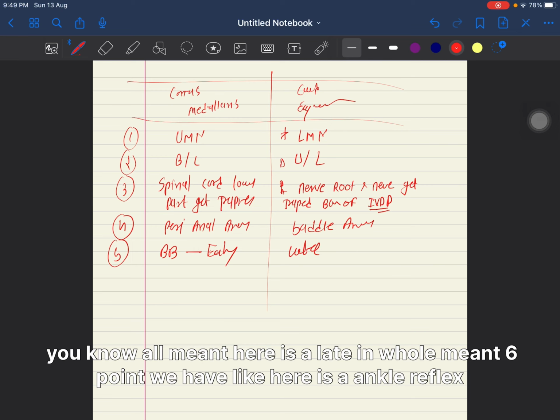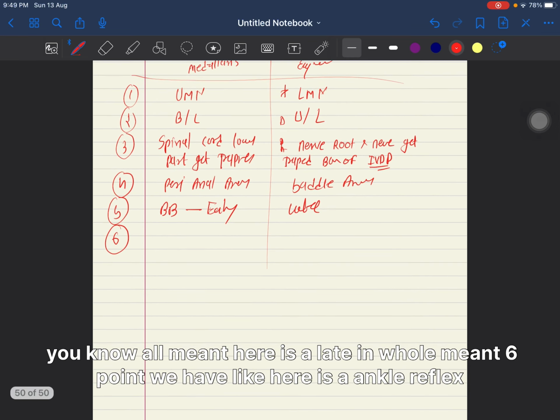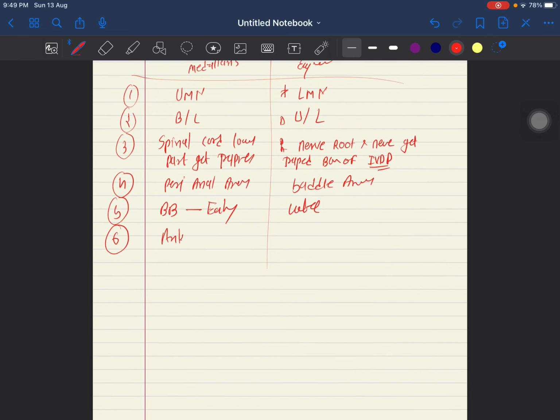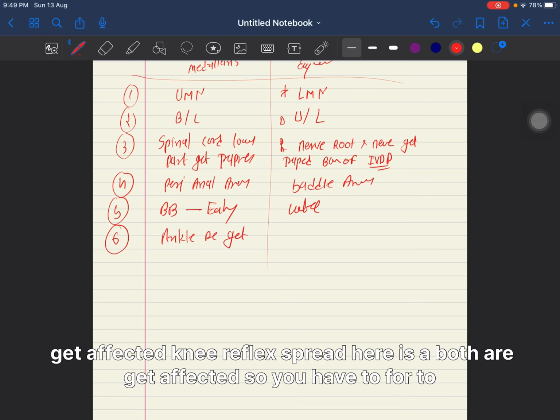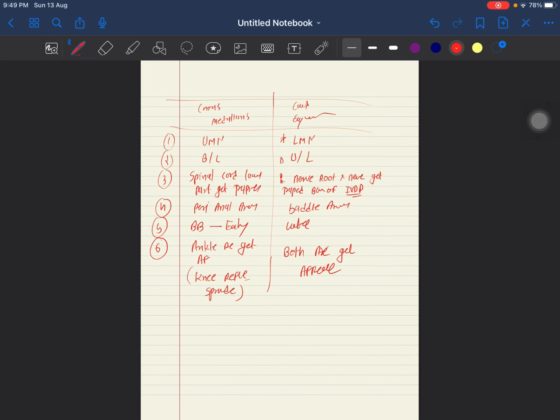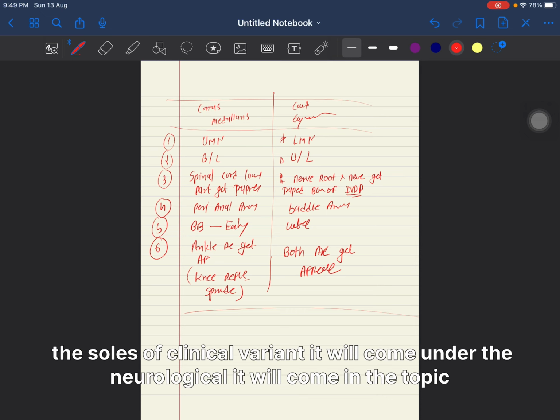Sixth point: here the ankle reflex gets affected and the knee reflex is spared, and here both get affected.